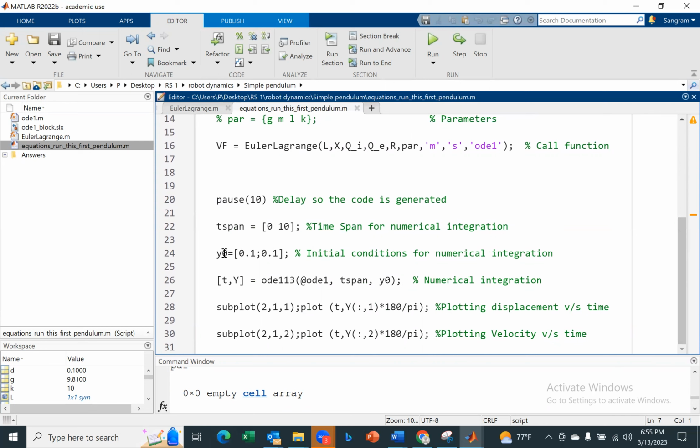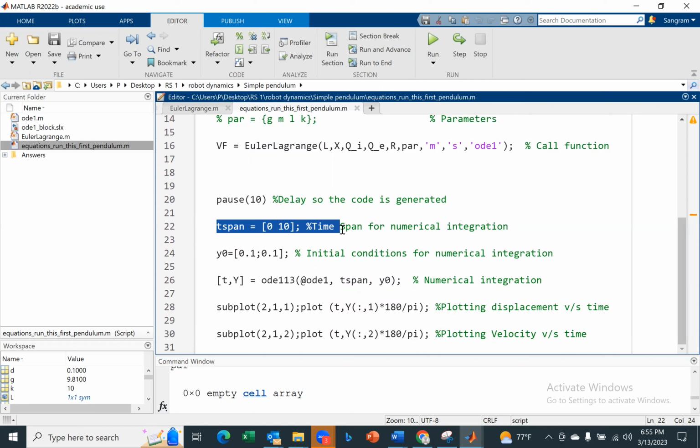And then again, I'm supplying the time span. Time span is from 0 to 10 seconds. So initial time is 0, final time is 10. The initial conditions are the displacement is 0.1 and velocity is 0.1. Everyone understood this? Displacement, which is the angular displacement, is 0.1.